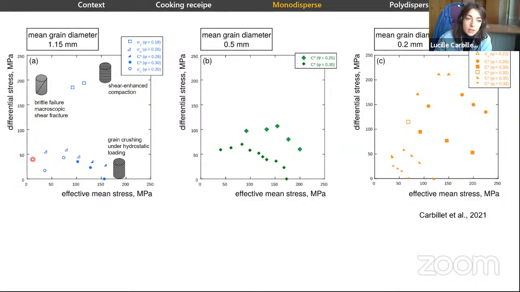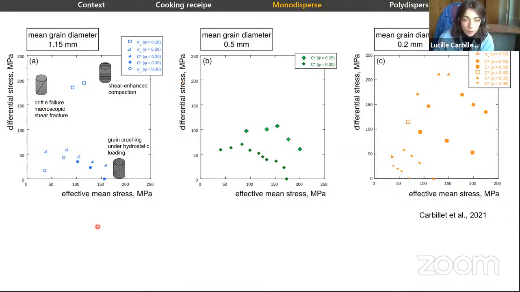So when we're at low effective pressure like this, and we are beyond the elastic envelope, the sample failed by brittle failure, so the development of a macroscopic shear fracture. This type of failure mode, I'm not going to talk a lot about later on.